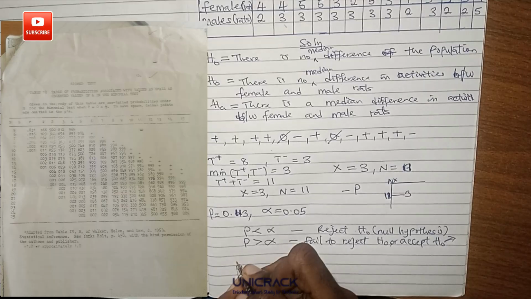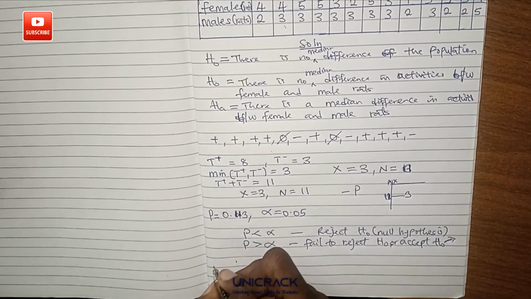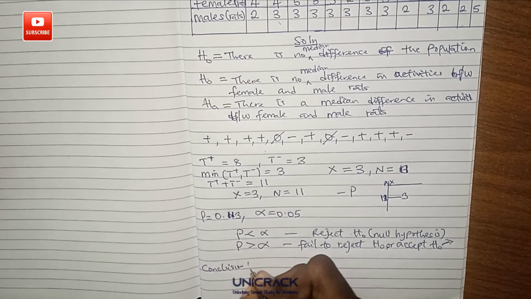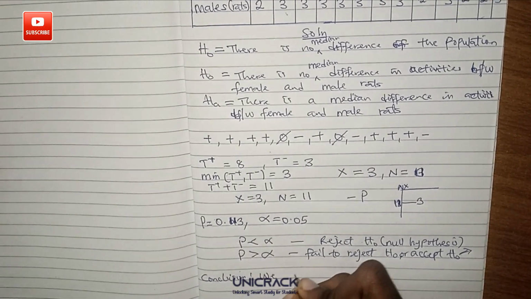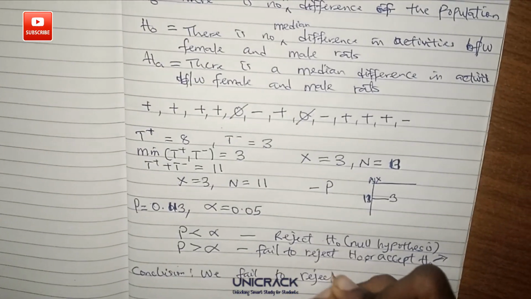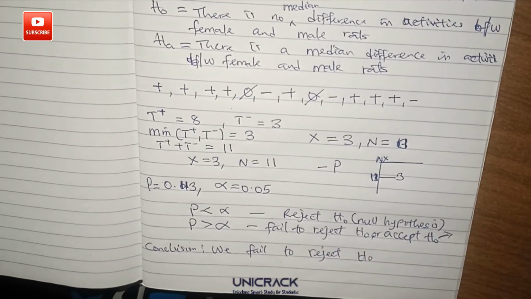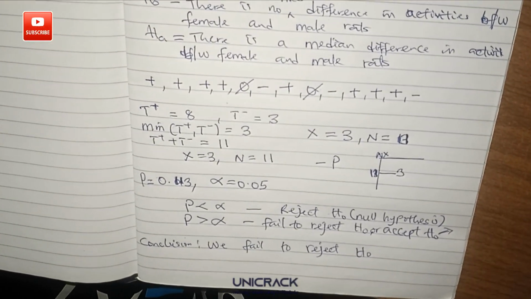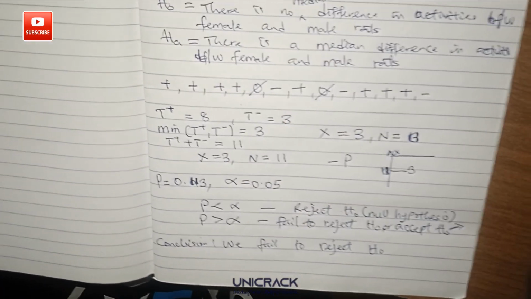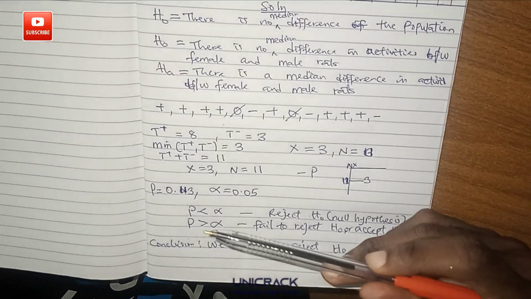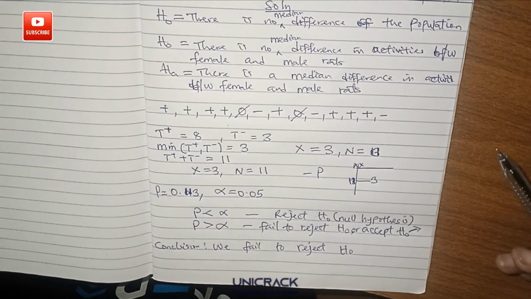So our conclusion will be we fail to reject the null hypothesis, or you could say we accept the null hypothesis, in the sense that it's saying that there is no median difference in the activities between female and male rats.